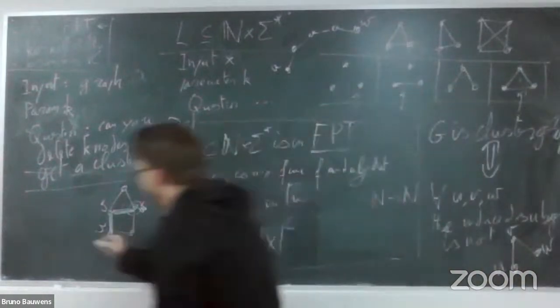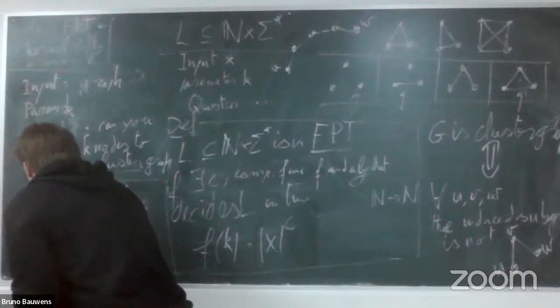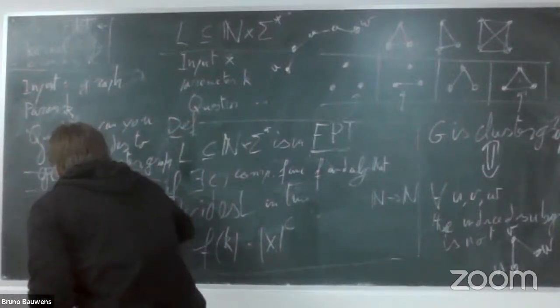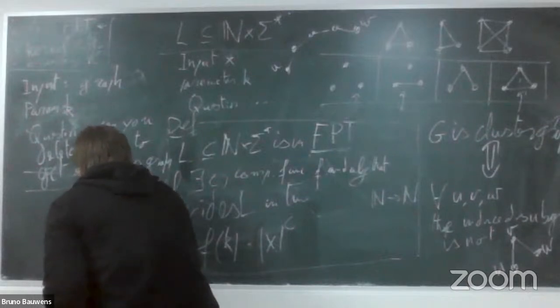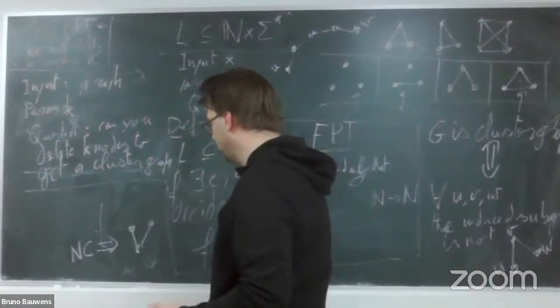Okay. Now, if it's not a cluster graph, we do see this thing. Therefore, we see 2 disconnected nodes with a common neighbor.